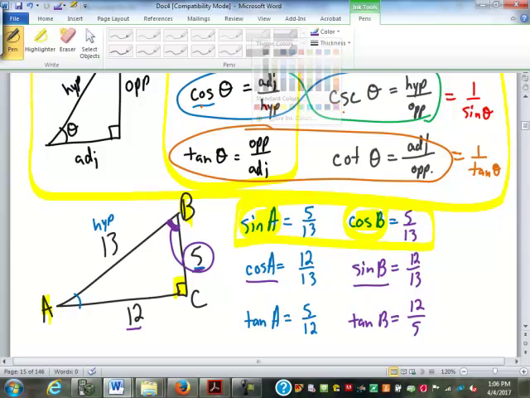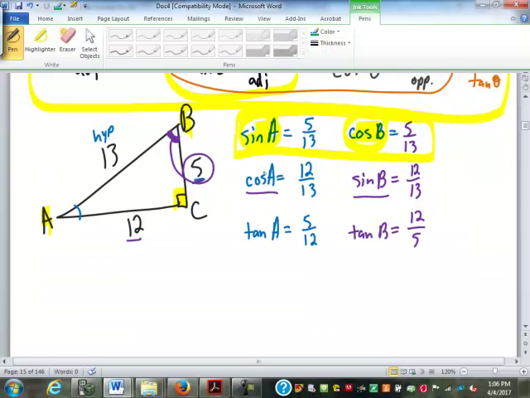Now let's bring in those other functions. The secant of A: secant, remember, was hypotenuse over adjacent. So the hypotenuse is 13. If I'm looking at angle A, which one's adjacent? The 12.